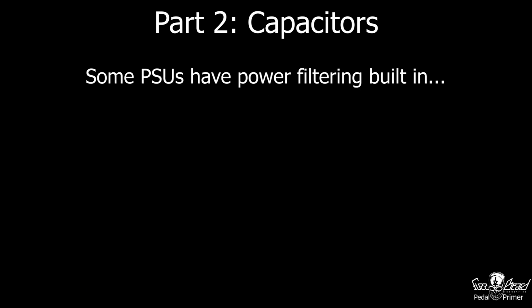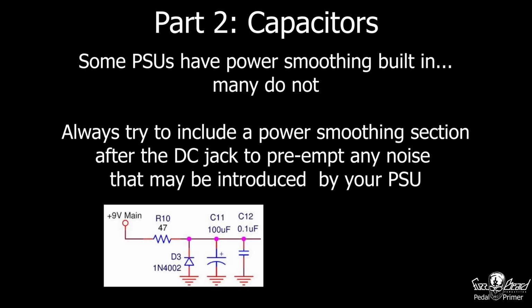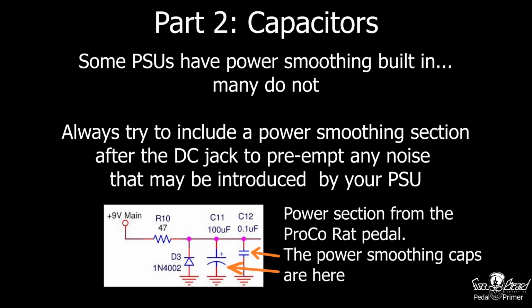While some adapters have power smoothing components built into them, many do not. So to preempt the potential noise issues caused by a poor quality adapter, it is best to install a power filtering section along with the DC jack, so you won't have to suffer the indignity of a noisy pedal when you inevitably forget to bring your nice expensive power supply to a gig one time and have to borrow a crap one for the night.